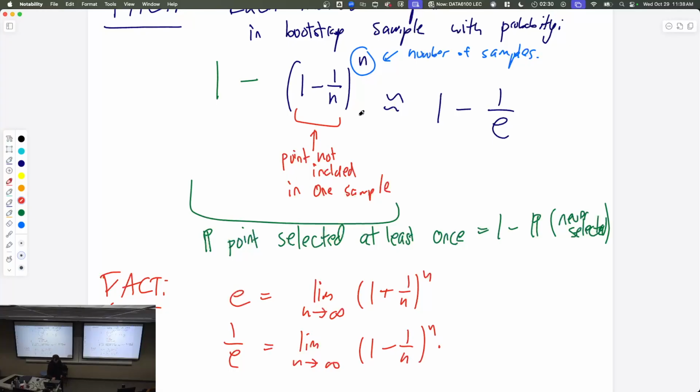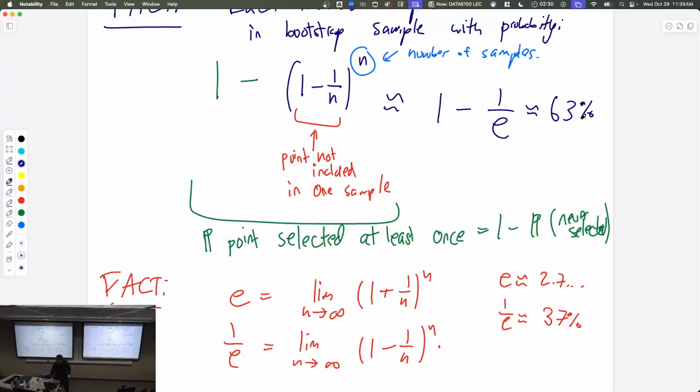That is exactly what is appearing here. And 1 over e is approximately 2.7... 1 over e is approximately 37%. And so this is approximately 63%.